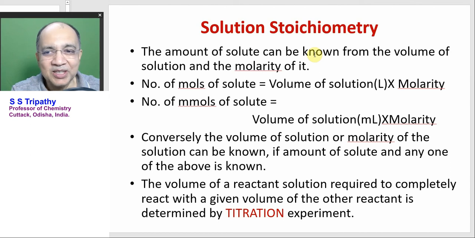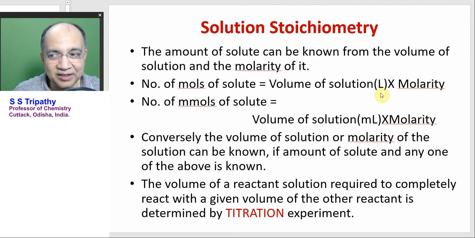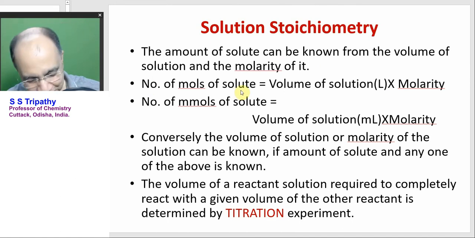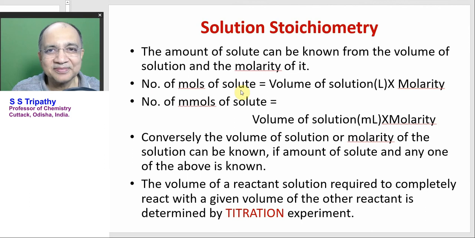Understand? So we have already known that the product of the volume of solution in liter and its molarity will give you the number of moles of solute. Now this is the volume of solution, which can be variable.